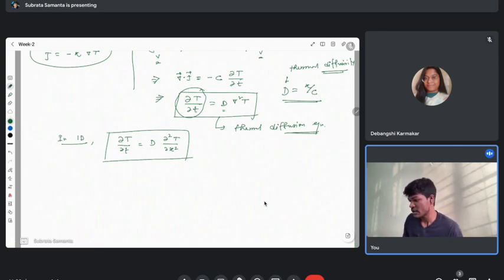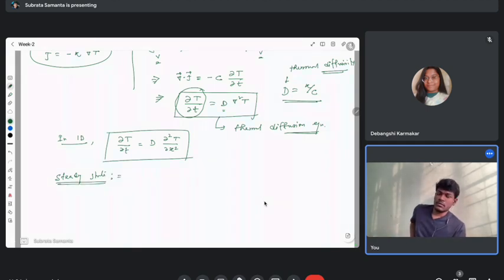So now if we consider the steady state, can you tell me what is meant by steady state?